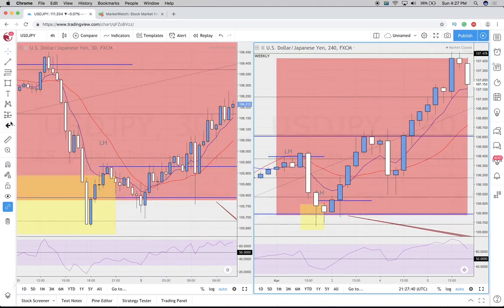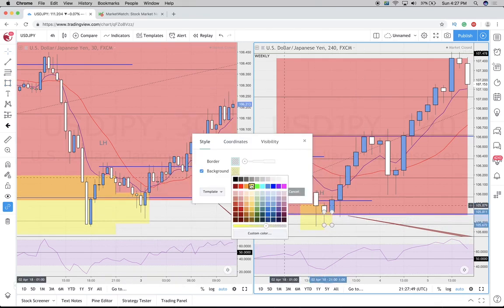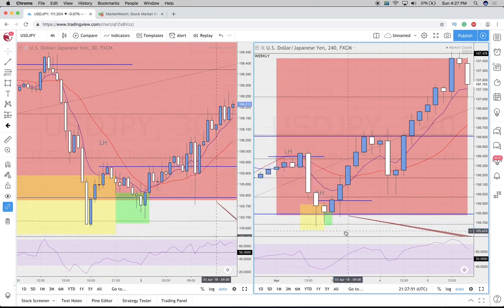This was the second area. Let's just put this area orange, if anything. Actually green. Okay, so that was the second area, which was a higher low point on that lower time frame. So technically, you're seeing slowly the buyers are slowly starting to get stronger inside that entire area.